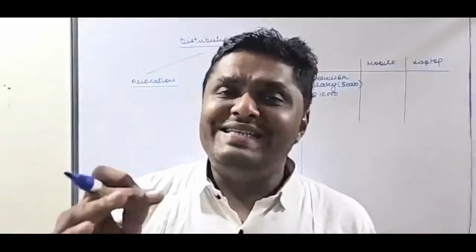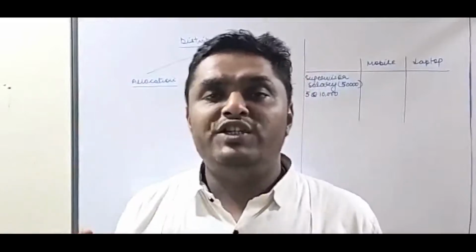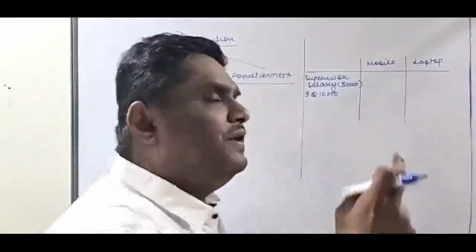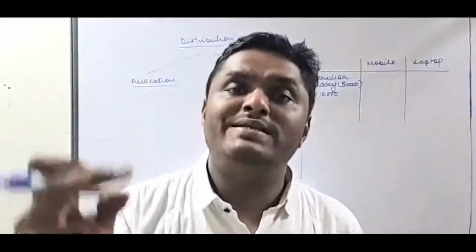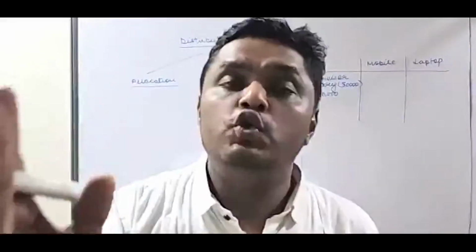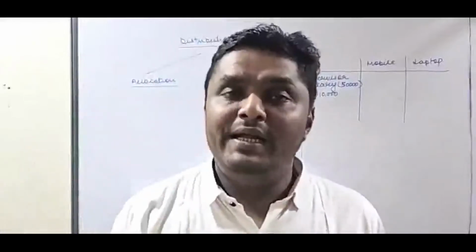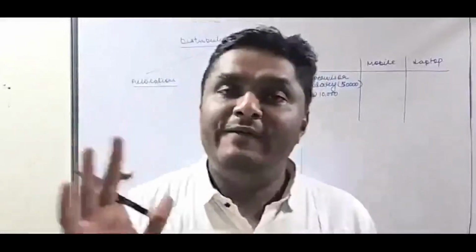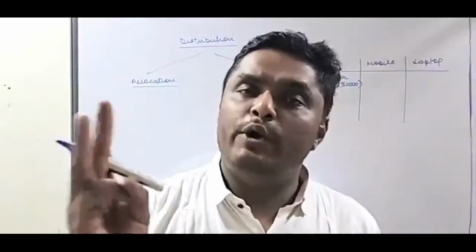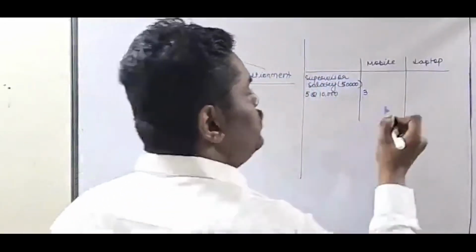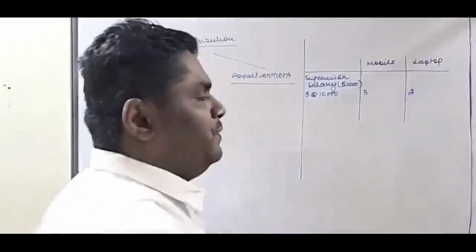Now, let's say some additional information is given in the question, wherein they are saying that 3 supervisors are supervising the work in the mobile department, and 2 supervisors are working in the laptop division.